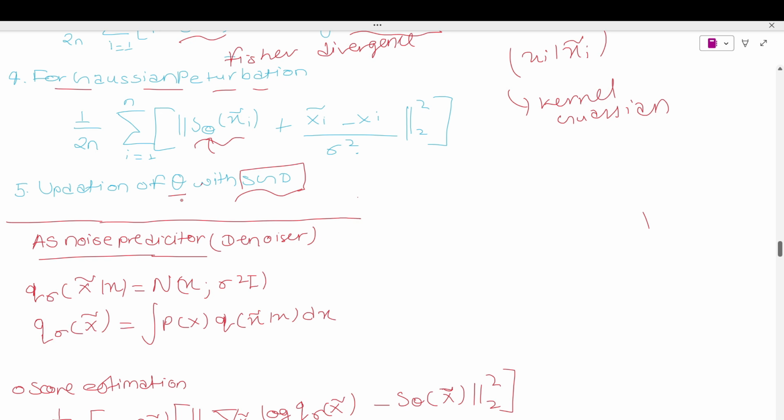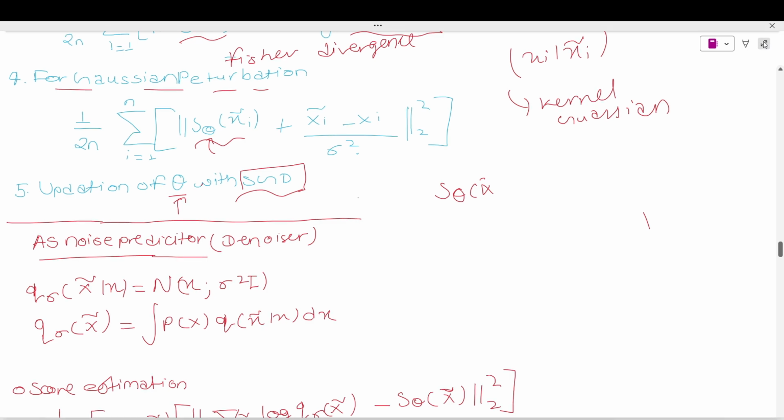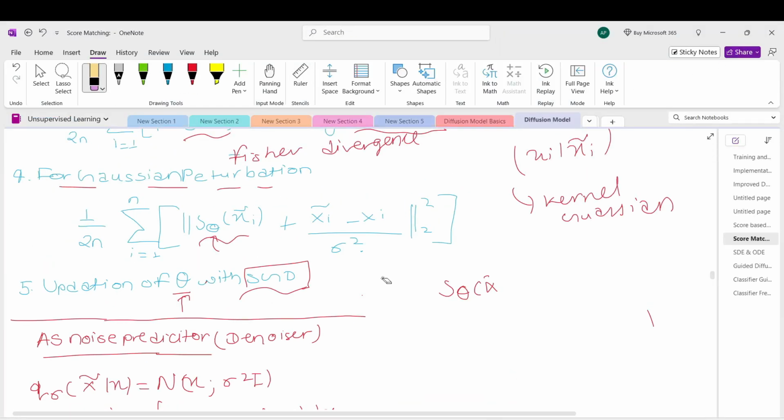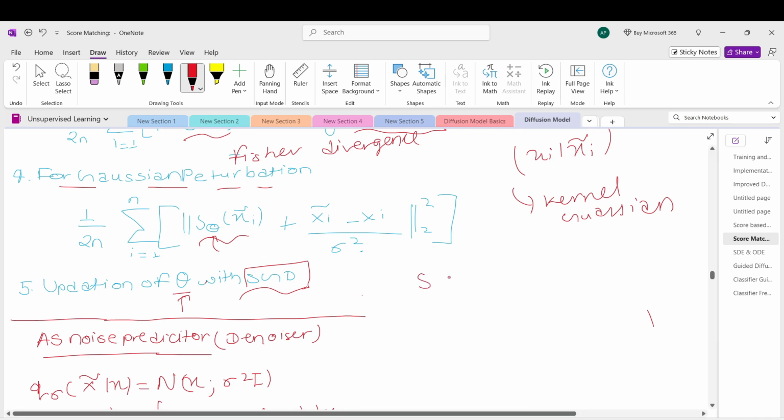We can find the optimal value of theta, which is the model parameter, and at the end of training we get our score of the noisy distribution, s theta of x tilde.